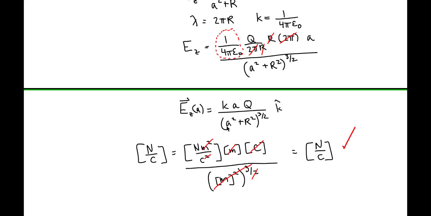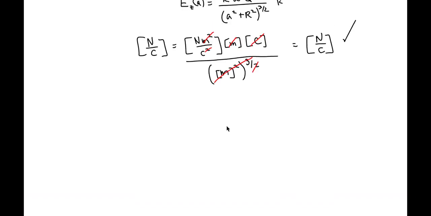The units check. Since the units check, I could be reasonably confident in my answer that I at least didn't make a major mistake. So I am now going to say, well, z was equal to a.